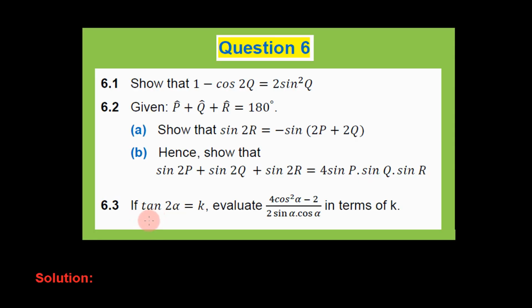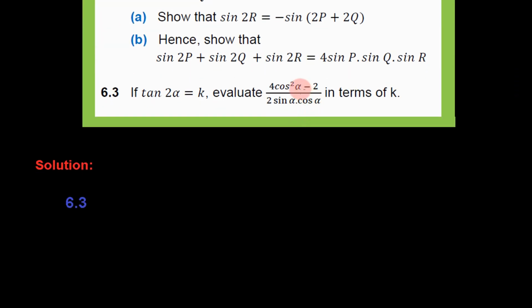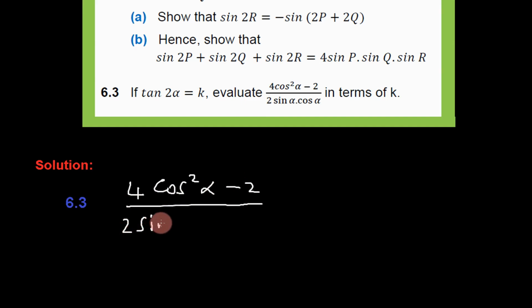Then in 6.3, it says if tan 2 alpha is equal to k, evaluate this expression in terms of k. So let's start with the expression. We can start by taking out a common factor of 2 in the numerator.